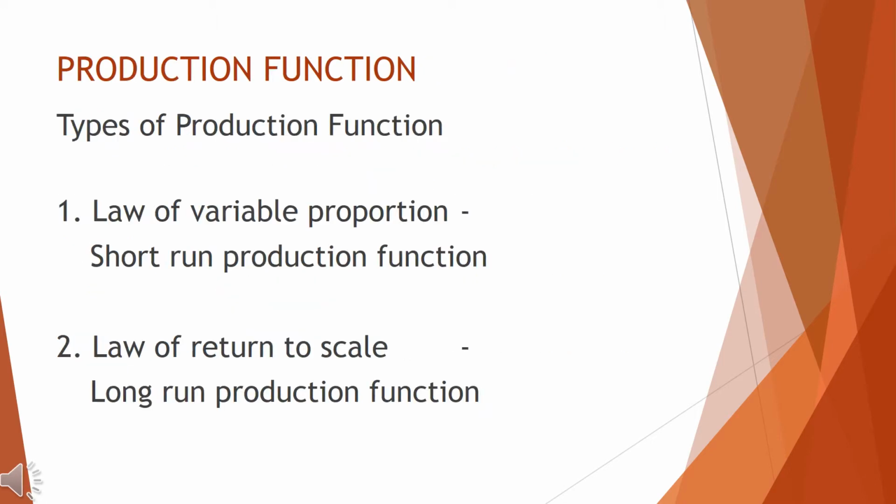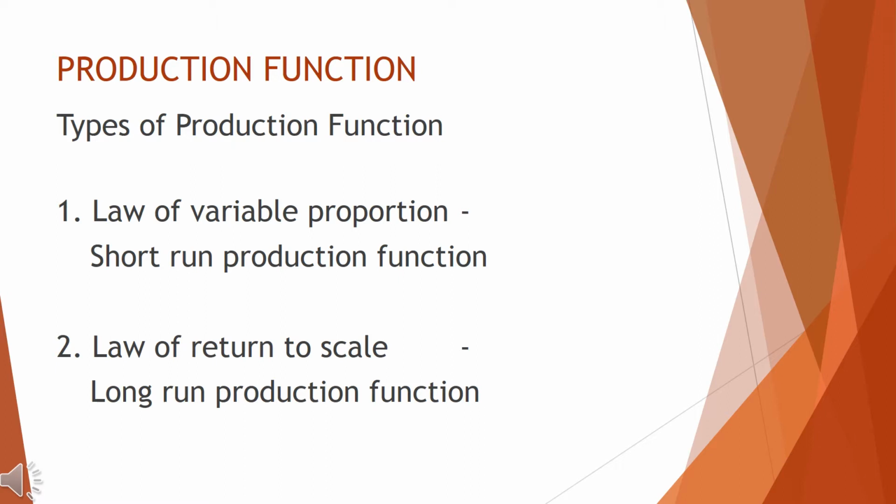Production function helps in making long run as well as short run decisions. In economic theory, there are two types of production function. First one, production function with one variable input. It is short run production function called the law of variable proportion.